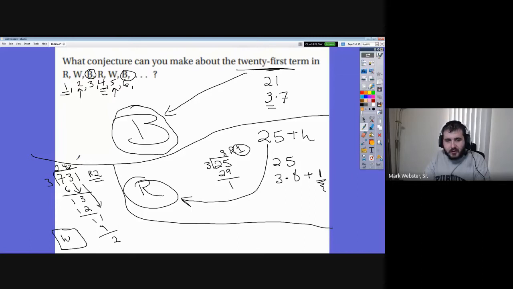And so it basically takes all the numbers and splits them up into categories, which is really cool. So yeah, sure, RWB, RWB, but really you're taking all the numbers and splitting them up into 3 classes. The class is remainder 1, the class is remainder 2, and the class is remainder 3. That's just really neat. Or remainder 0, I guess, not remainder 3, right? Because it divides evenly, no remainder.